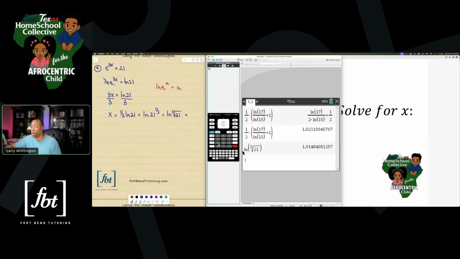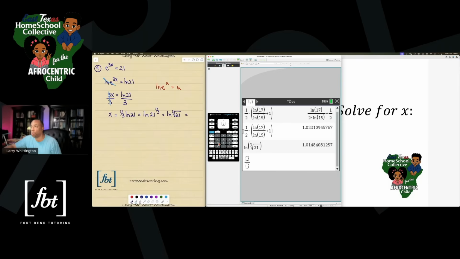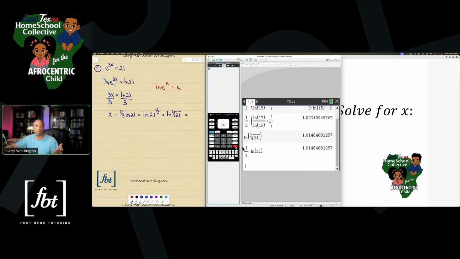Or just to let you know, you could get the answer the other way, written the way before we did the power rule. Let's see what that looks like. We'll have 1/3 times the natural log of 21. Let's hit enter on that. Same value. See what I'm saying? So you can write it either way and get the results.